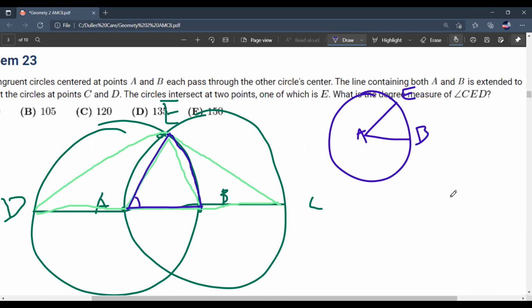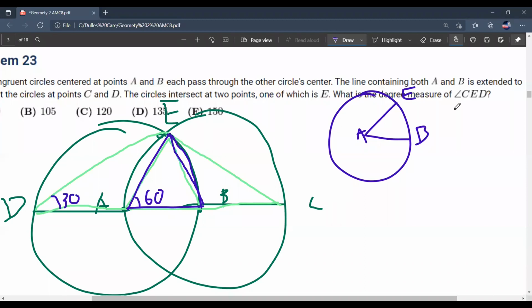AE is equal to AB, and we know that EB equals AB, since it's symmetrical. So then we get that this is an equilateral triangle, so this angle is equal to 60 degrees. If this is equal to 60, then by the properties of angles inscribed in circles, this is equal to 60 divided by 2, so that's 30 degrees.